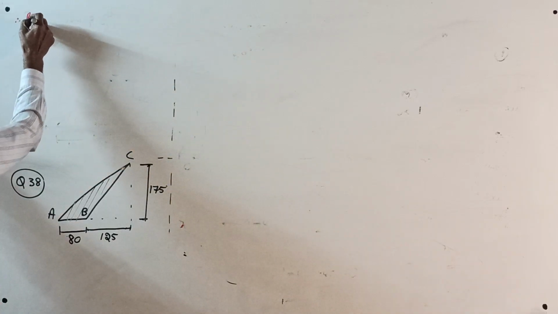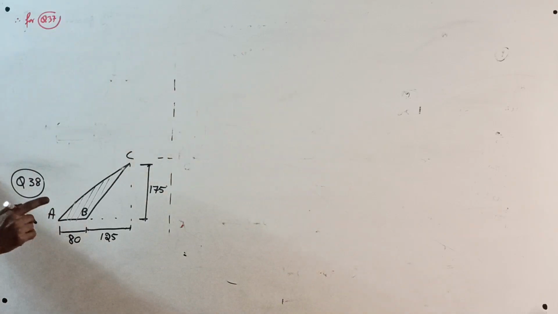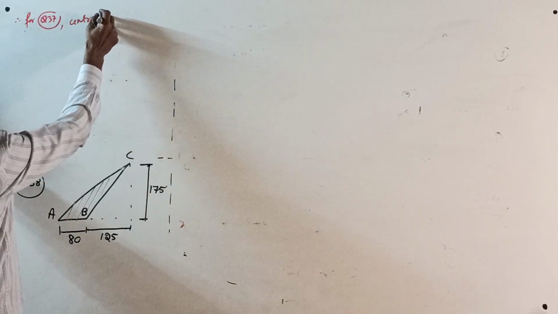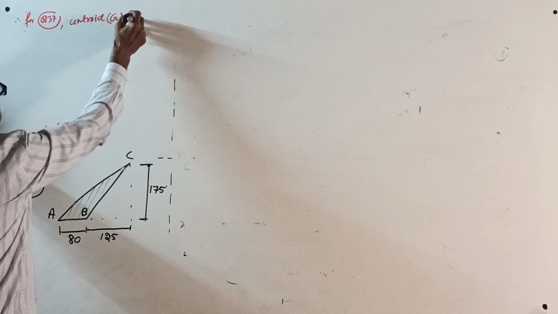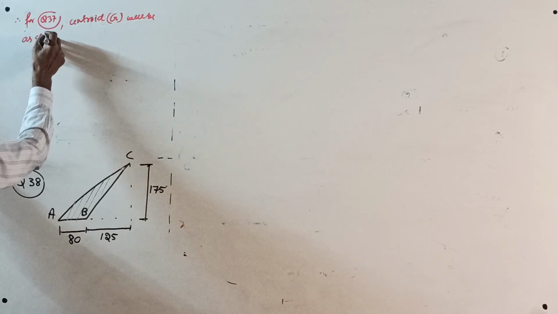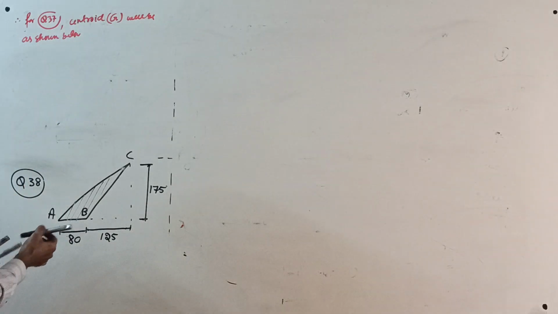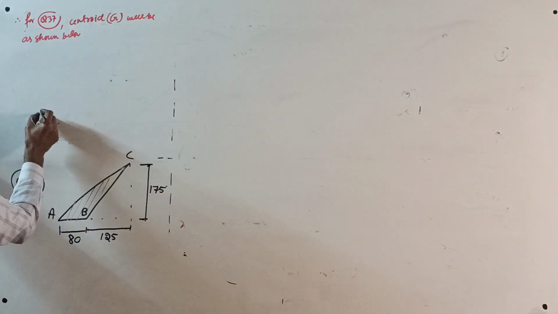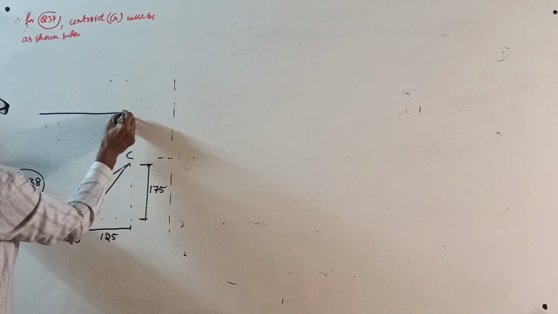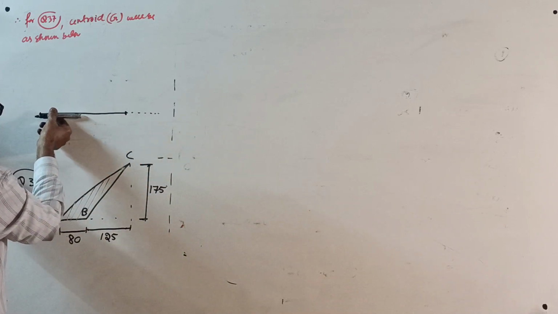Therefore, for question number 37, for the triangle given in question 37, centroid G will be as shown below. Now I forgot the numbers here. I'll remember. See what is given here: 150, 120, another 45 here, 120, 60.